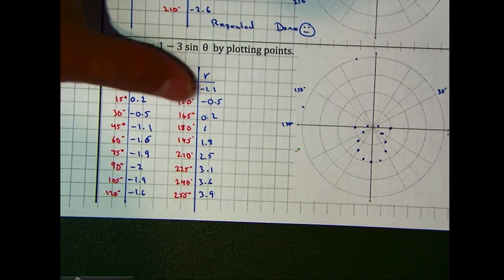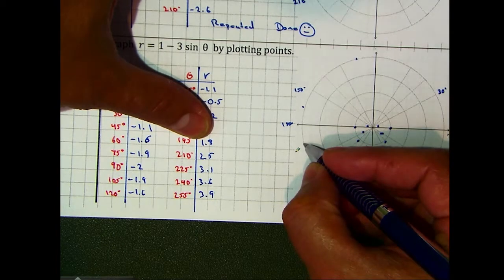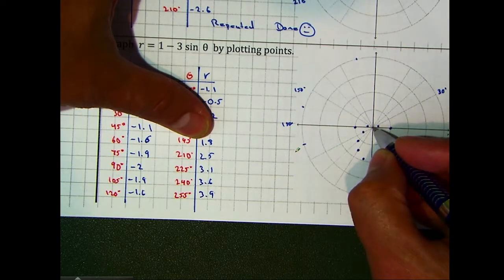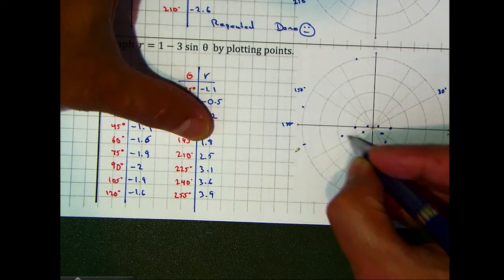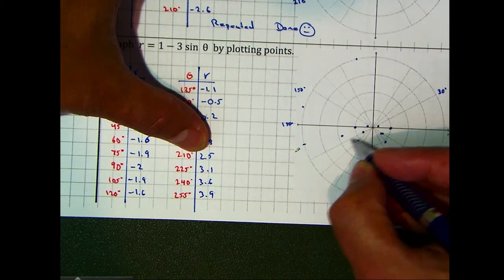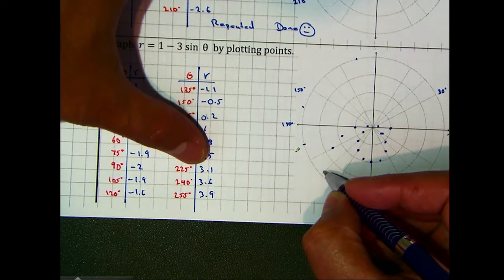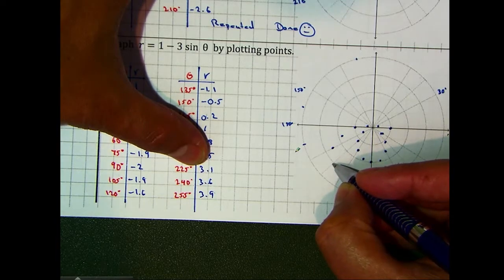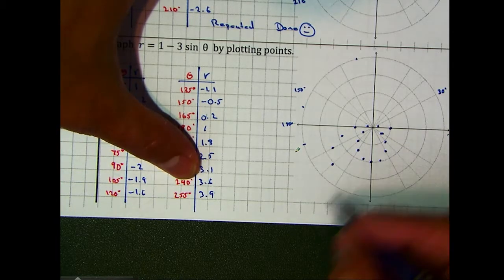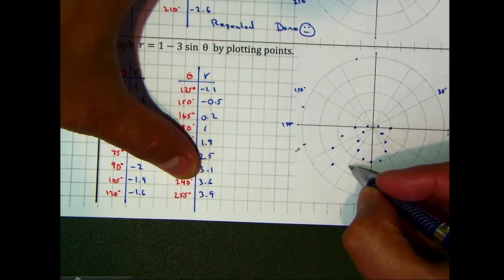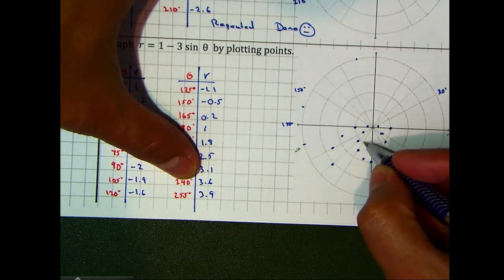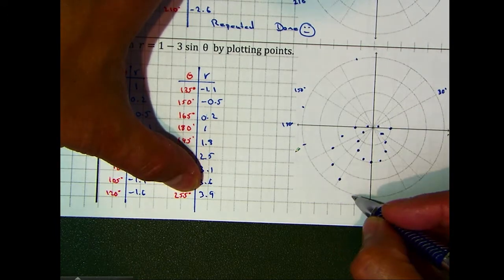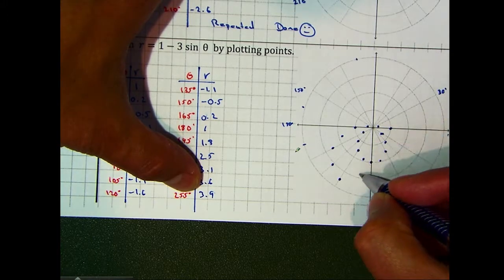So we left off at 180. 195, which is halfway mark between 180 and 210, will be 1.8. 210 is 2.5. 225 will be 3.1. 240 will be 3.6. 255, which is a halfway mark, will be 3.9.